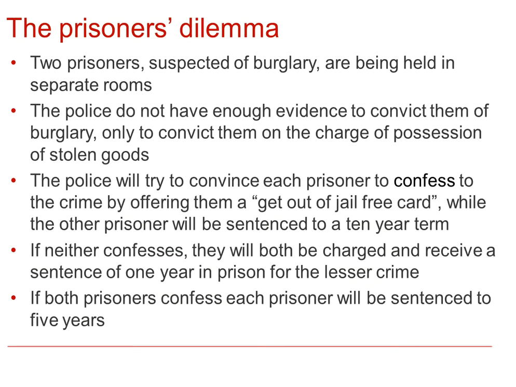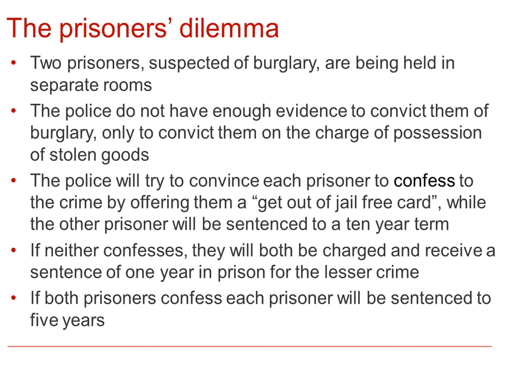Let us consider a scenario that was developed in 1950 by American mathematicians and called the prisoner's dilemma. Imagine you have two prisoners, both suspected of burglary, being held in separate rooms at the police station. Now the police don't have enough evidence to convict them of burglary, only enough to convict them on the charge of possession of stolen goods.